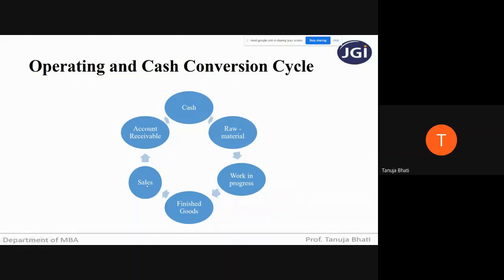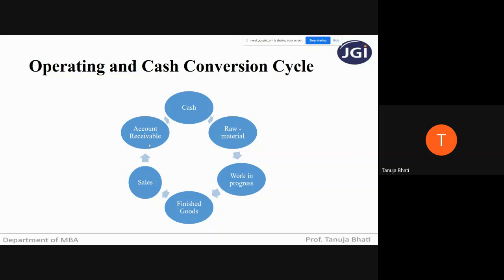But suppose the sales is made on credit, that is, it is a credit sale. So in case of credit sales, what happens? Accounts receivable will come into the picture. Now accounts receivable are nothing but debtors or bills receivable. So debtors are those persons to whom the sale is made on credit, and those persons are liable to pay cash to us.